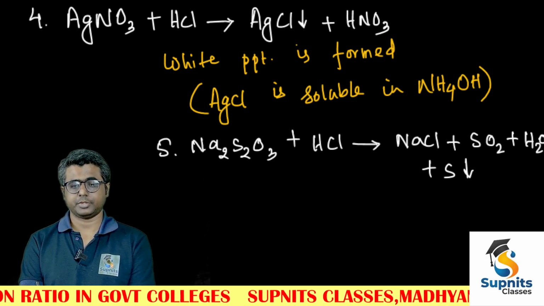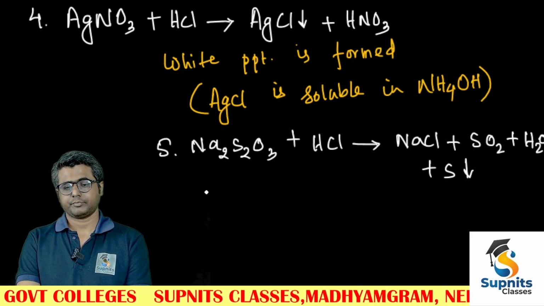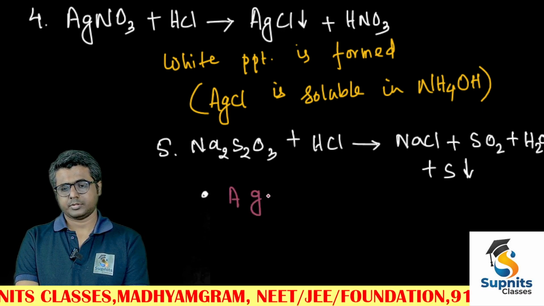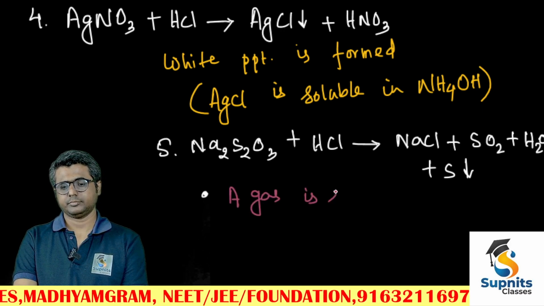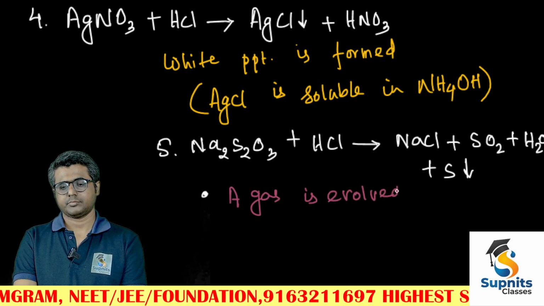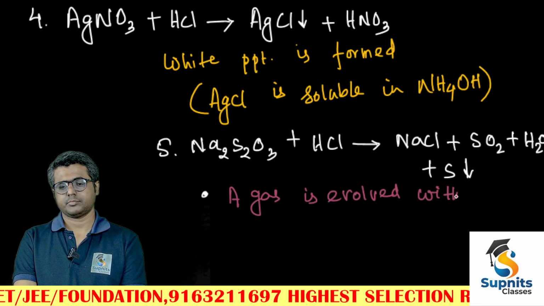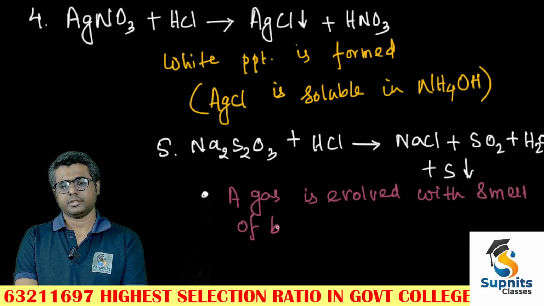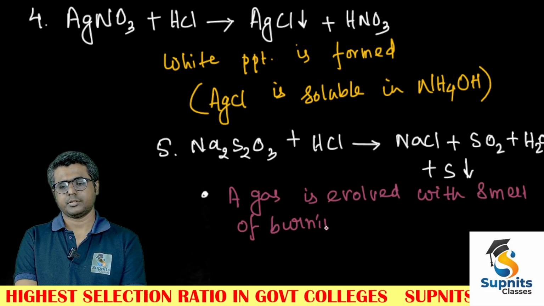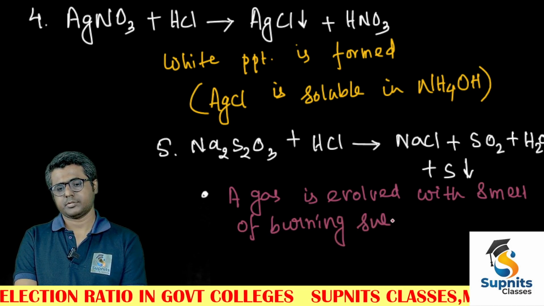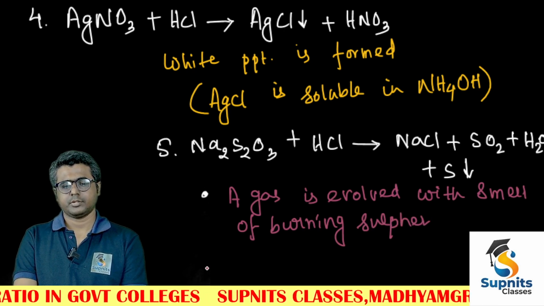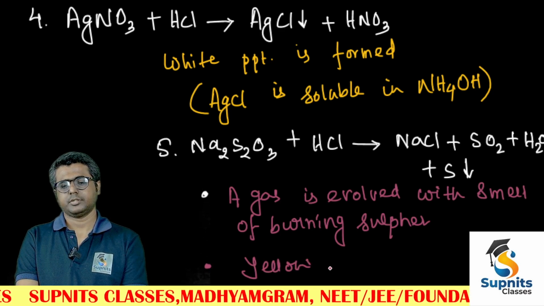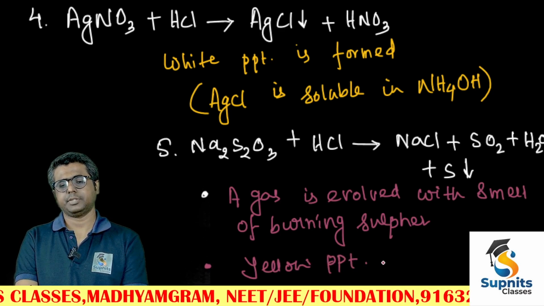So, what should be your observation? Here your observation will be a gas is evolved with smell of burning sulfur, and along with that you can write yellow precipitate is formed.